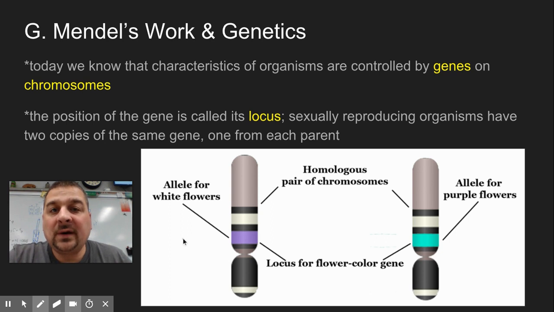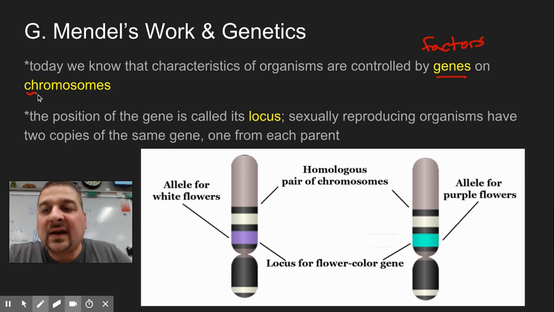If we fast forward 50 years, 100 years, some current terminology is what I want to finish with here today. We now know that what Mendel called factors of inheritance, I mentioned this earlier, we now call genes. And he said that they are inherited independently of each other.